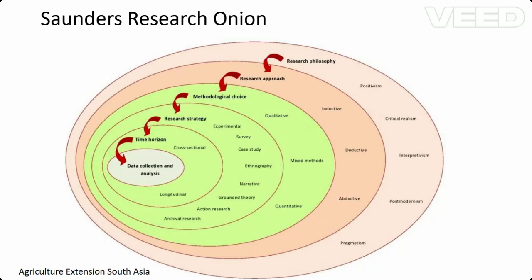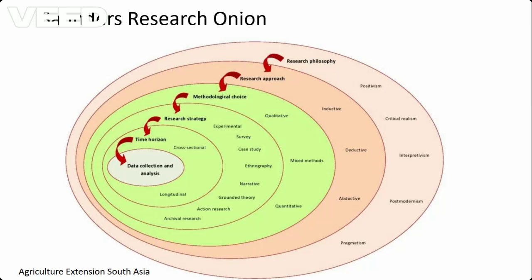This is your approach, even in your discussion of your thesis or dissertation methodology. You need to discuss which philosophy you are going to adopt, which research approach, which methodological choice, and which research strategy you are going to use.